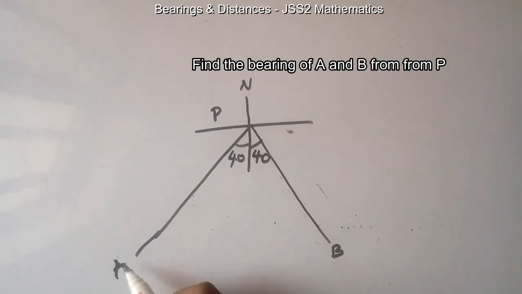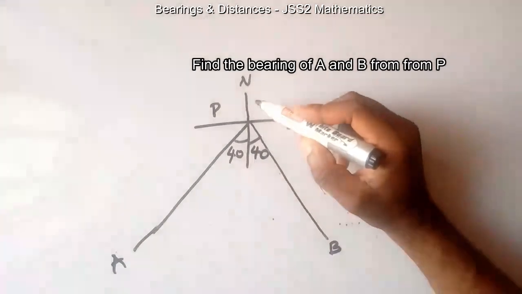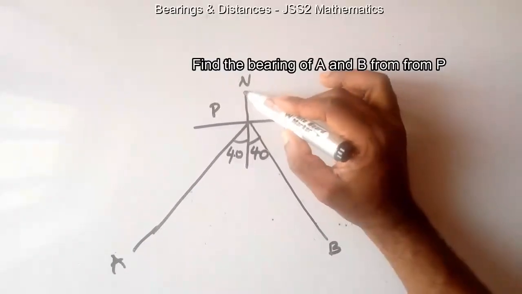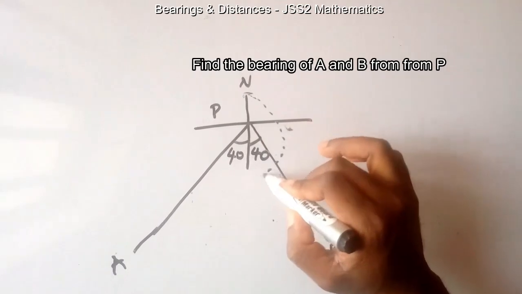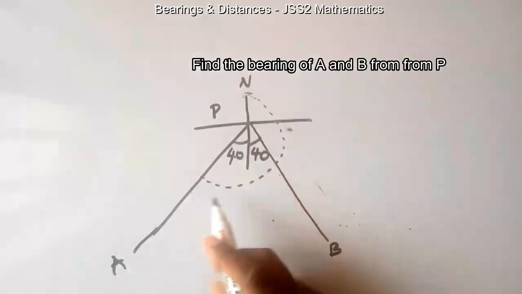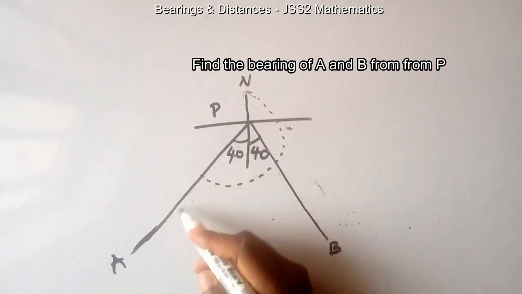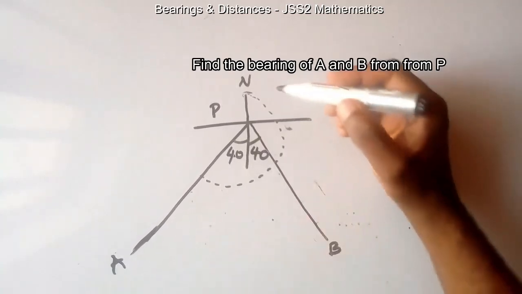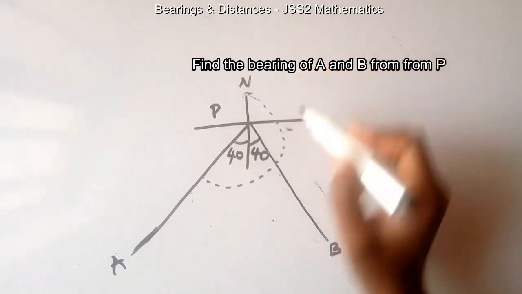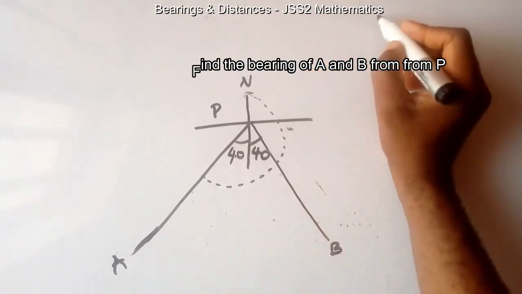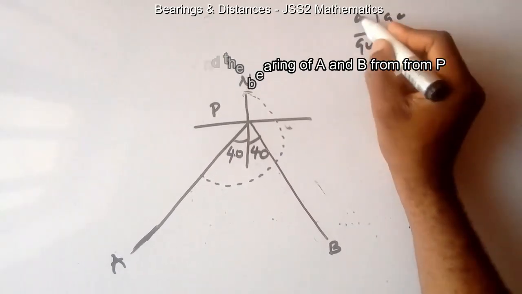This is A, right? If I need to measure the bearing of A, I start from the north and move in clockwise direction. You cannot go beyond the line. That line represents A, so you don't go beyond it. From north to east is 90, and from north to south is 180. Each quadrant is 90.